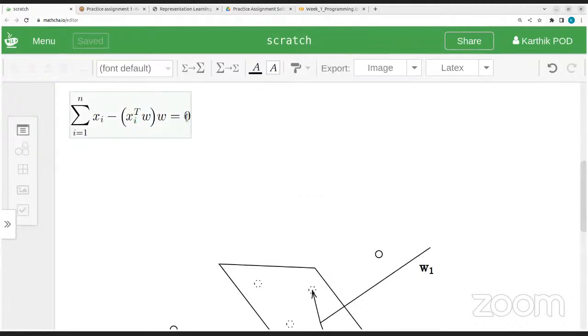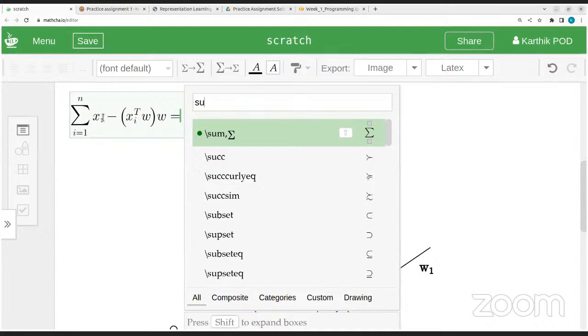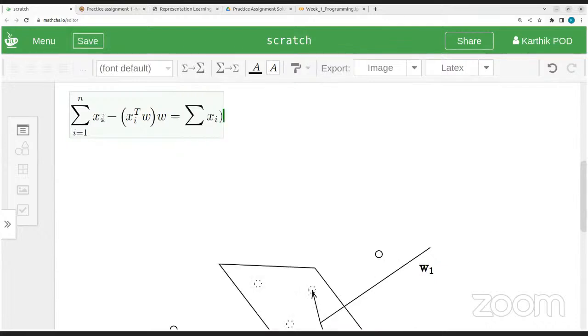The residue is given by this formula, right? Take the point. Now, I'm just splitting this as sigma xi, this is one bunch, minus sigma xi transpose w times w. Now I know that the first is 0, because the data is already mean centered. So I have 0 minus this.